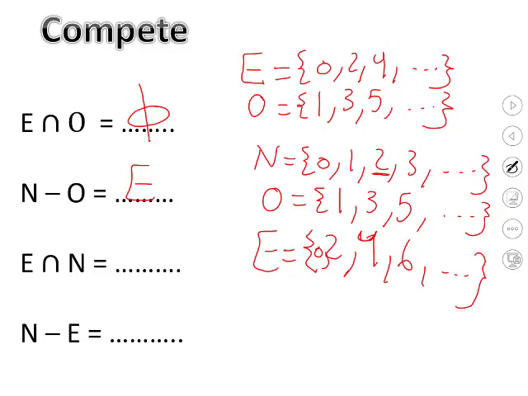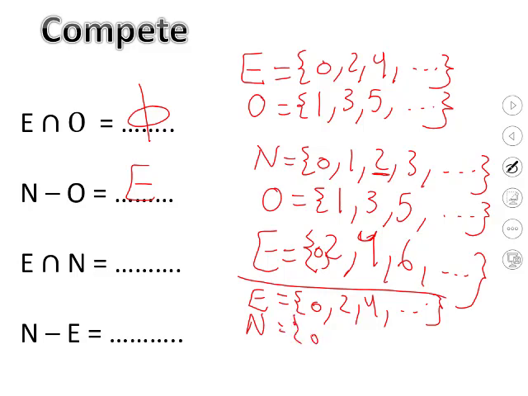E intersection N, even numbers intersection natural numbers. Even numbers equal 0, 2, 4, and so on. Natural numbers equal 0, 1, 2, 3, and so on. What's the intersection between them?